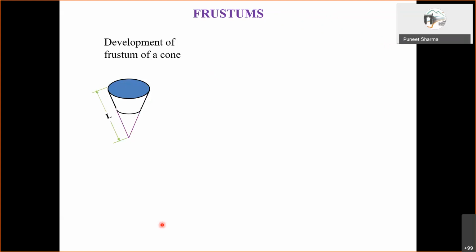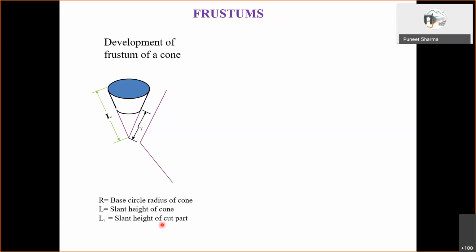Now we can develop for this complete cone, and then locate the points corresponding to this frustum and complete the development. Whatever we calculated for theta can be calculated again. This capital L, the actual slant height for this cone, we use, and theta, as we discussed in the previous slide, we calculate, and then we develop this.